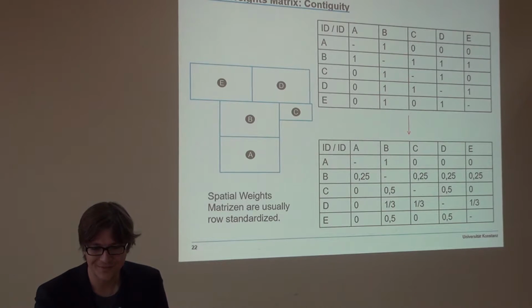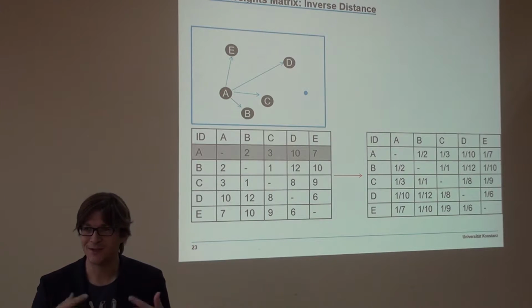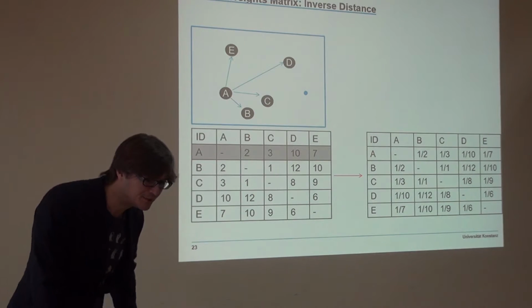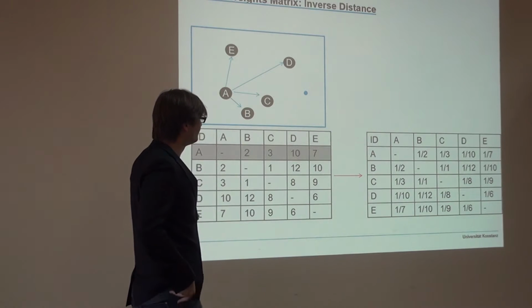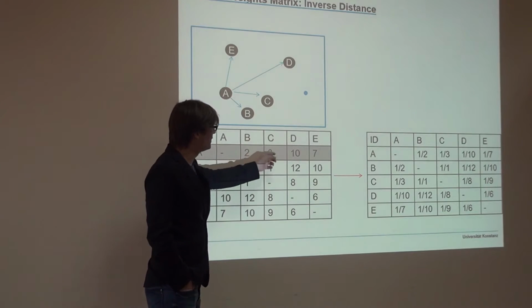And you can do exactly the same for a distance matrix, and you get inverse distance weights. That means the larger the distance, the smaller the weight of this one pair of observations. So here we have distances 2, 3, 10, and 7.